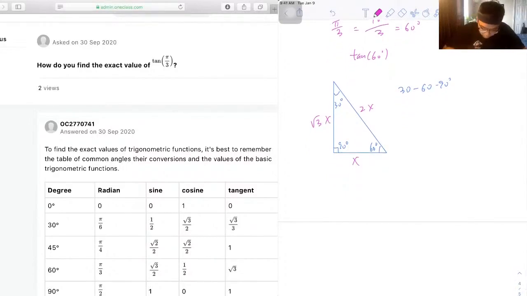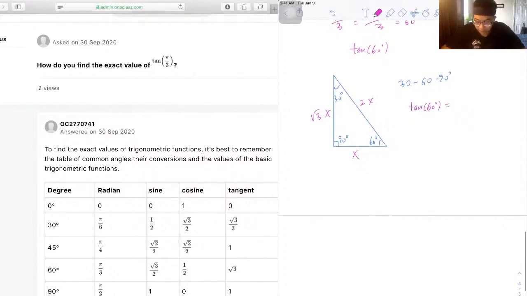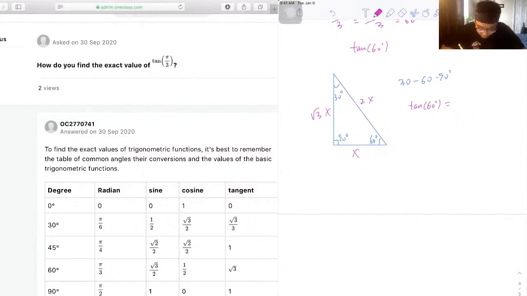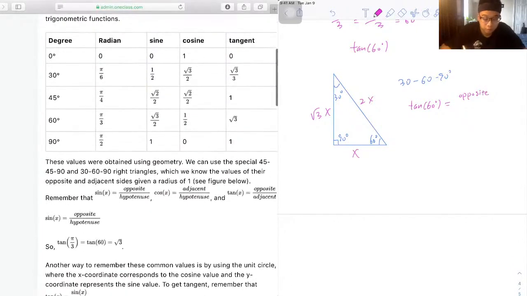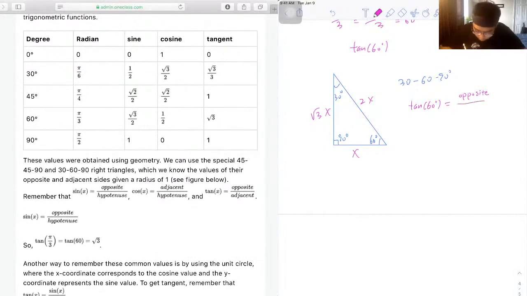So when we're talking about tangent 60 degrees, that would be with respect to 60, and that's going to be equal to opposite over adjacent.